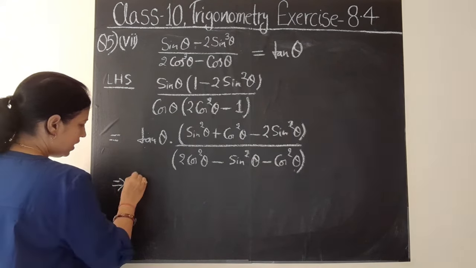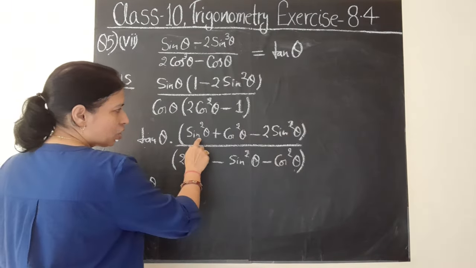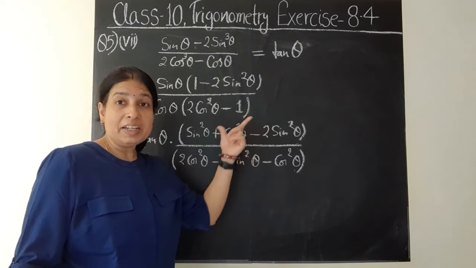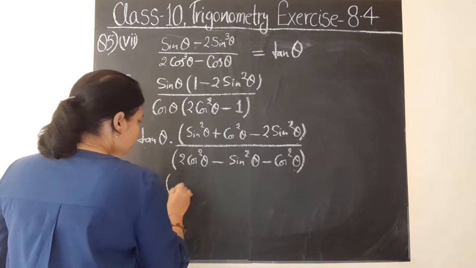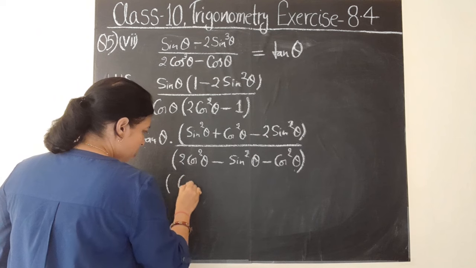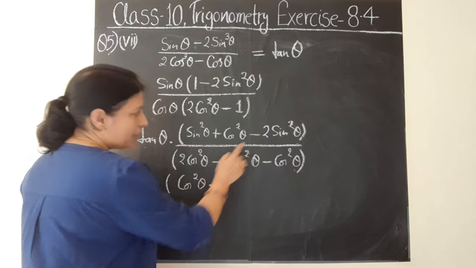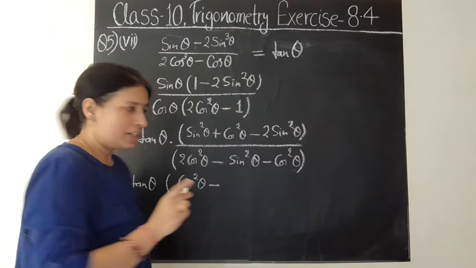So here you can write tan theta. Here we have sin square theta, and here it is minus 2 sin square theta, then it becomes minus sin square theta. Okay, so first we write the positive term, cos square theta. So write first cos square theta, then sin square theta minus 2 sin square theta is equal to minus sin square theta.